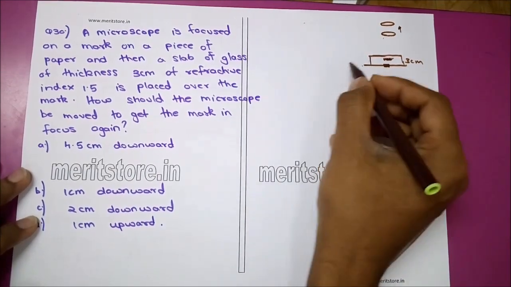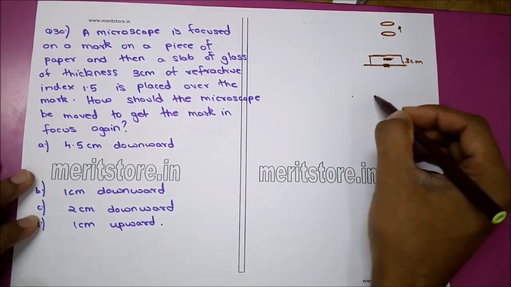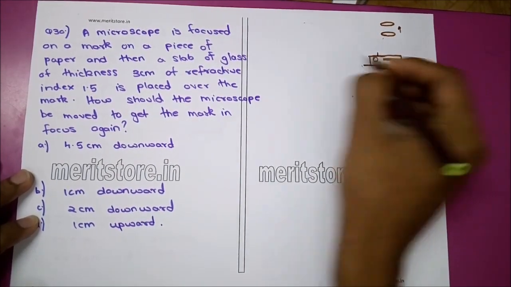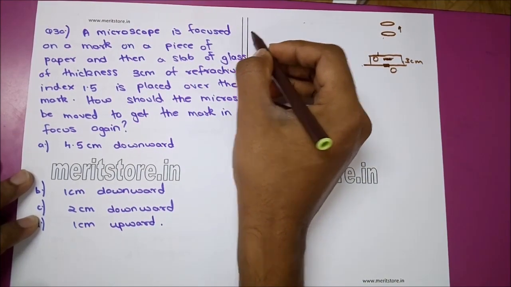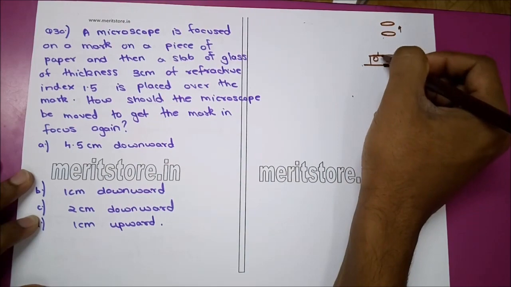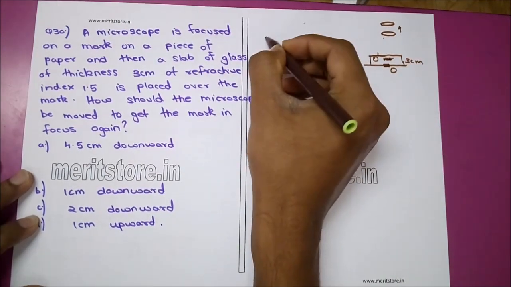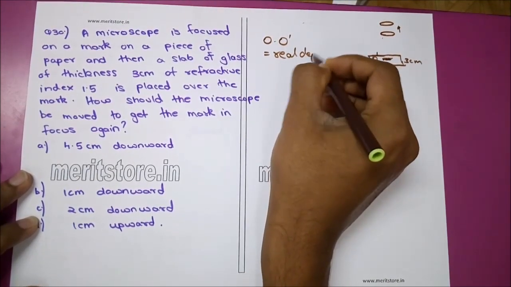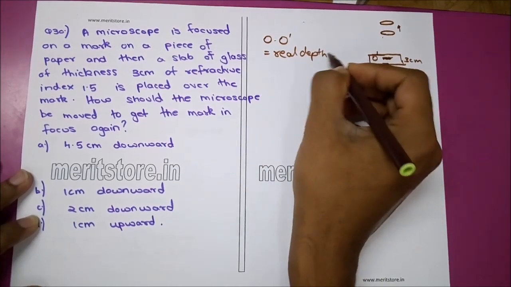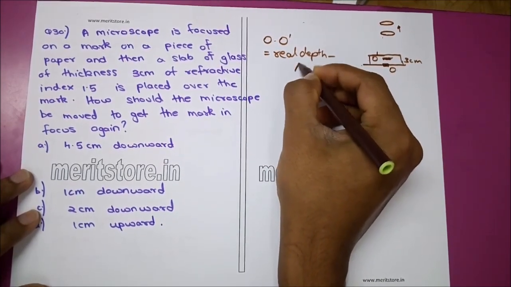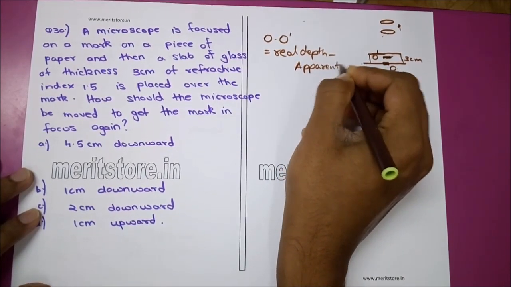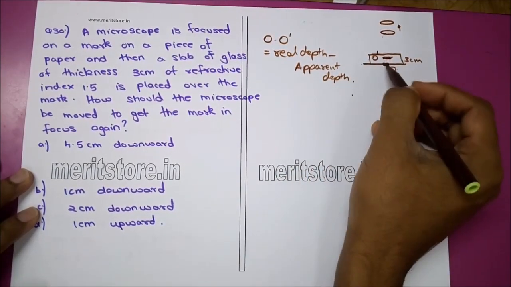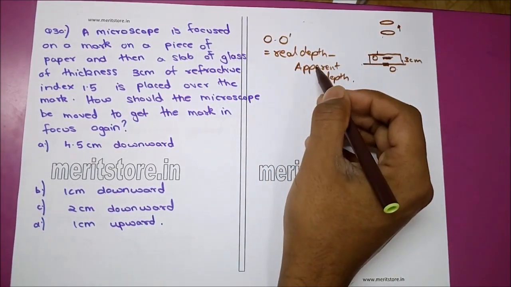And so in order to find out the actual value, let this distance be O and let this point be O dash. In order to focus, the microscope has to be moved through a distance of O dash. So that is nothing but the real depth of the mark minus the apparent depth, and that's the distance the microscope should be moved by.